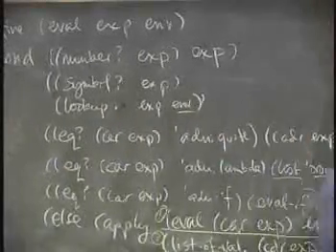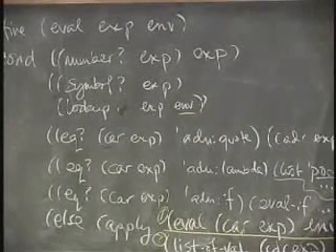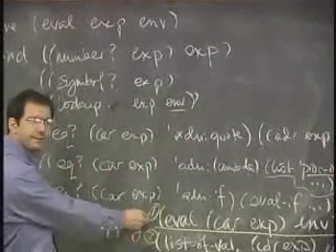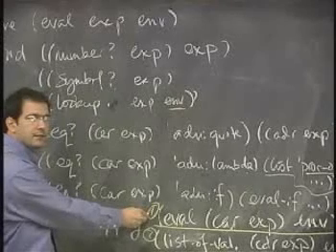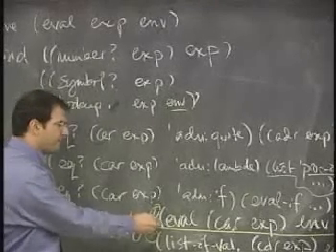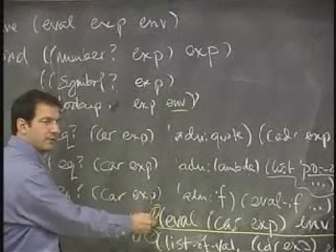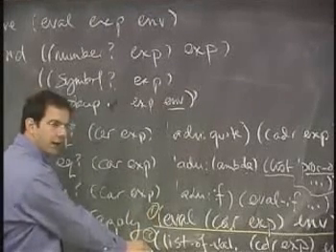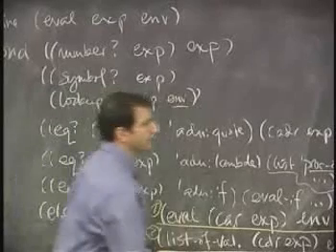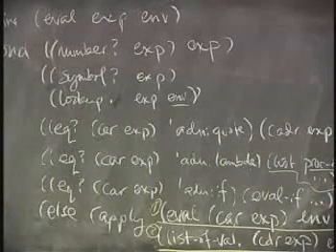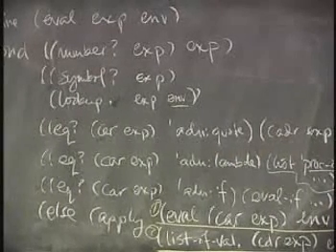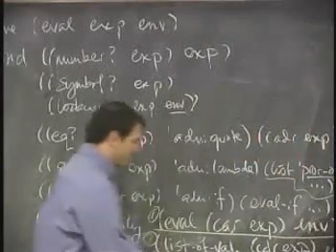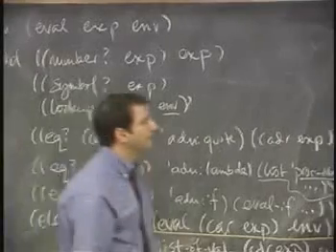Well, we're in the midst of evaluating this expression, and since we were evaluating the operator, we must have been doing that here. So we get back from eval the special procedure object representation. Then we evaluate the arguments, which we know how to do. It's a list of arguments that's one element long. It's a value 3, so 3 comes back. And we send those two things to apply.